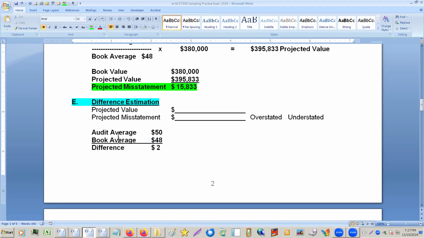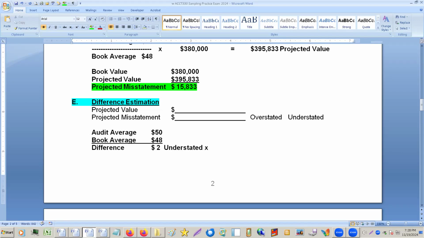So just on our averages here, is this going to be an overstatement or understatement? We're saying they should be 50. They're saying they're 48. It's understated. Yep. So everything is understated by $2.